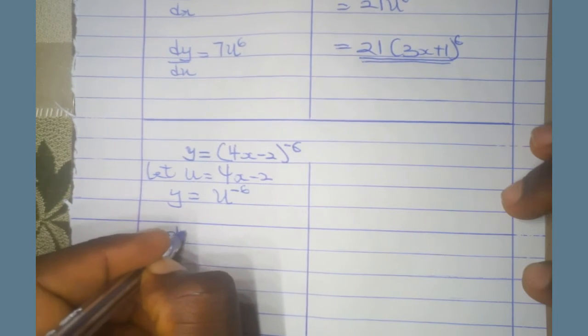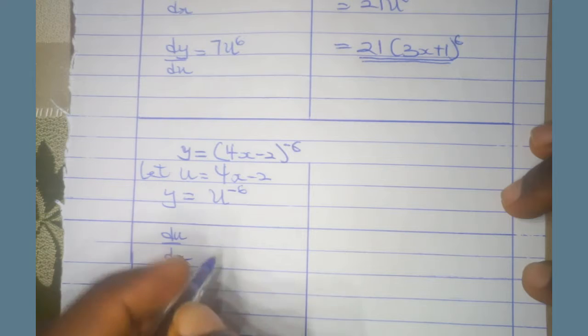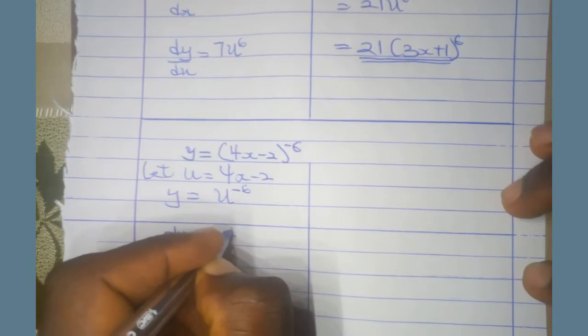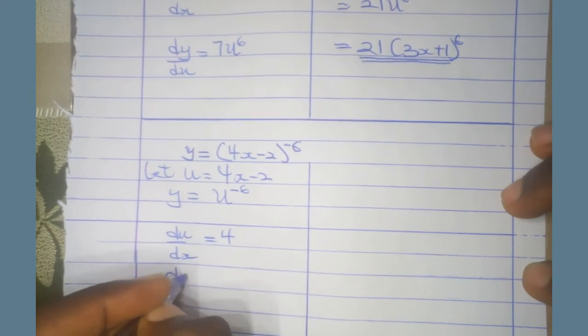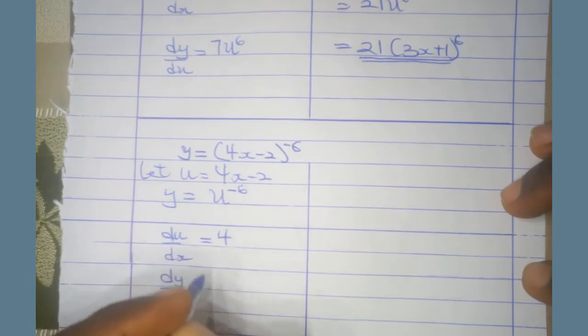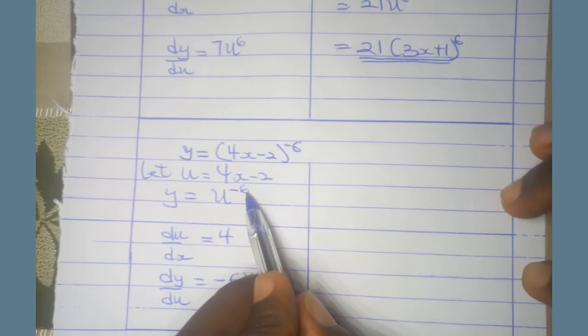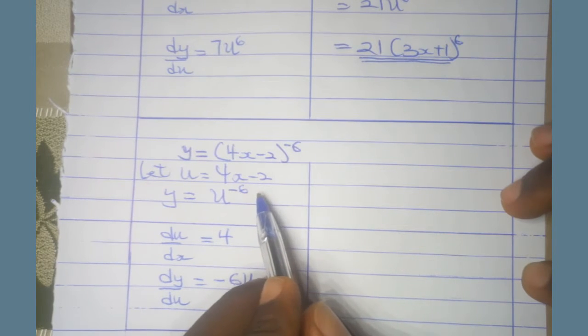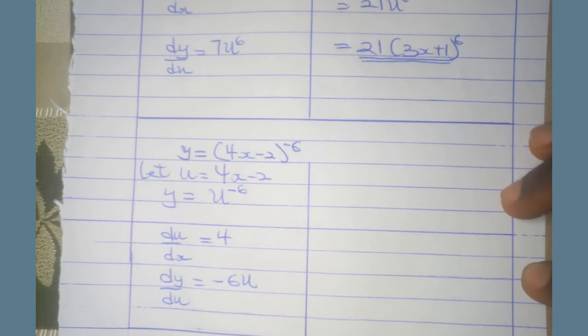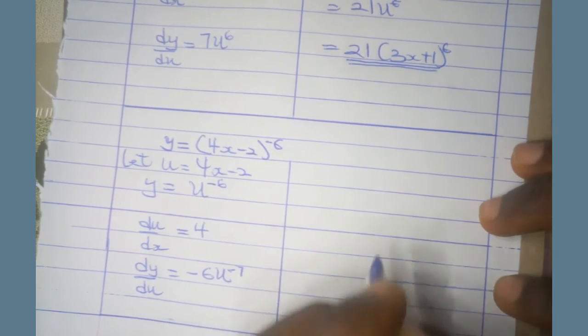So du/dx, here's u, when I differentiate this, I'll get 4. And also dy/du is equal to negative 6u. Here's negative 6, so I will reduce the power by 1, making negative 6 minus 1, which is negative 7.